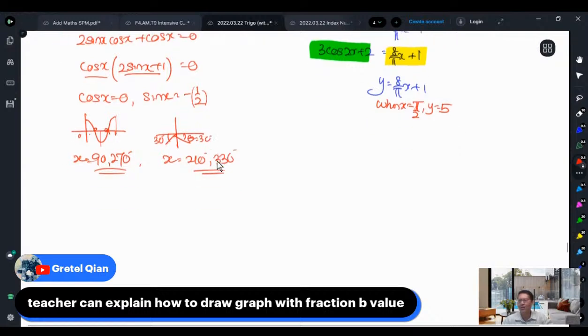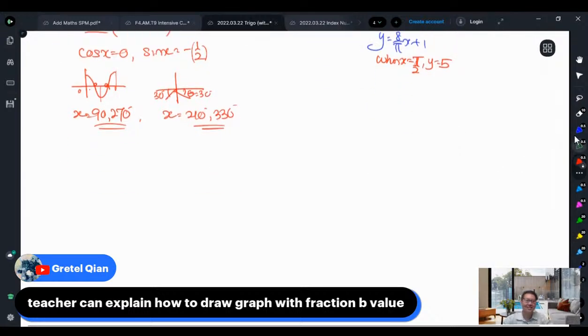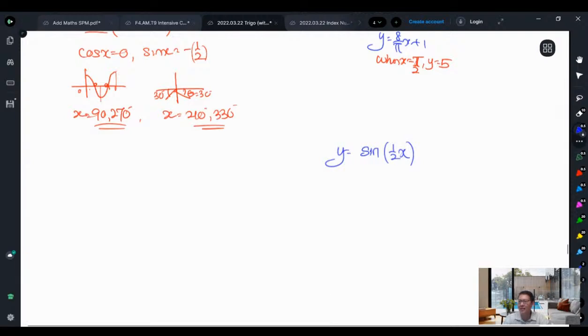Okay, let me try. Are you okay with this question? Y equals to sine half x. Are you asking for this kind of question? Oh, cos 3 over. Okay, I try. Similar to your questions, right? Can I satisfy? Okay.